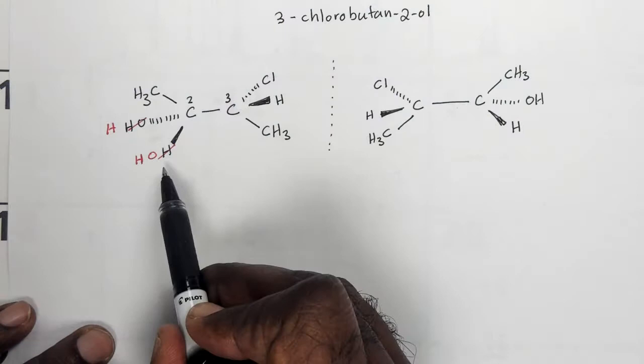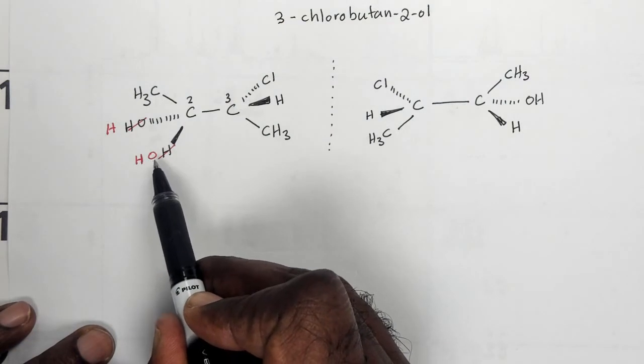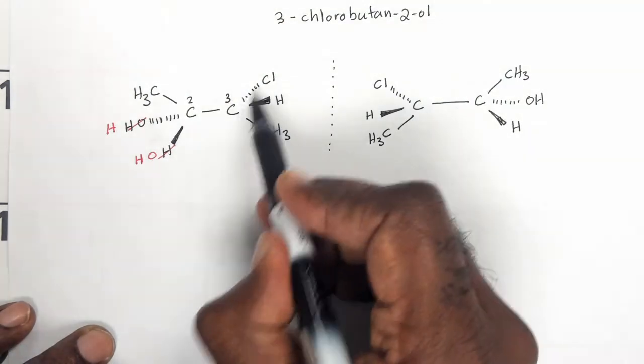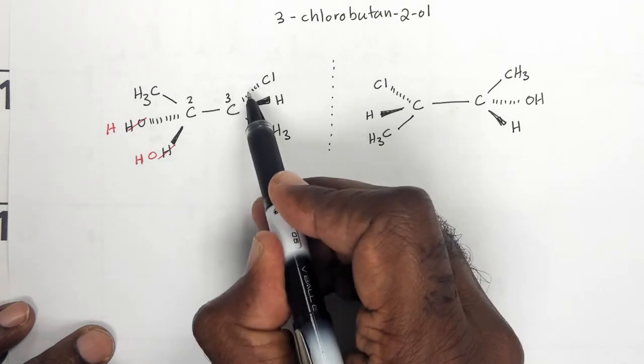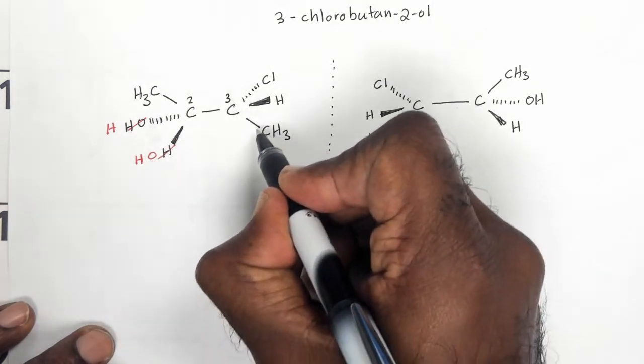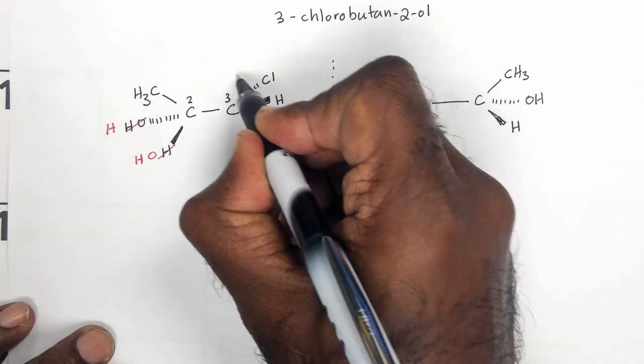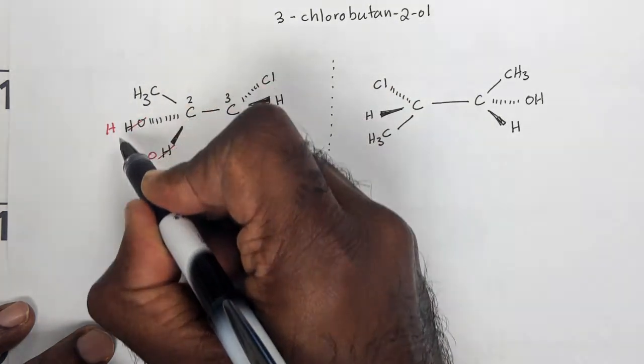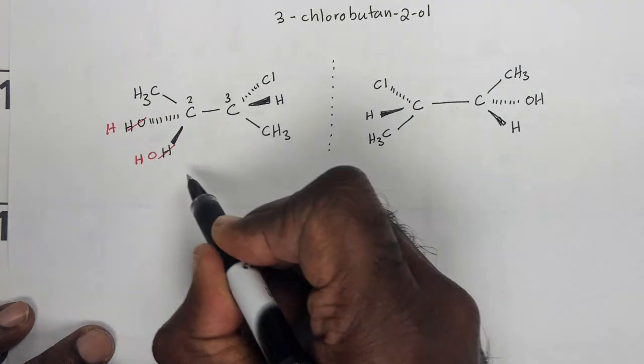And then I look at the remaining groups. I have a hydroxy, which is priority number 1. This carbon with the chlorine is priority number 2, and that's priority number 3. Now if I go from the hydroxy to the carbon with the chlorine to the methyl, I'm actually going in an anti-clockwise direction.